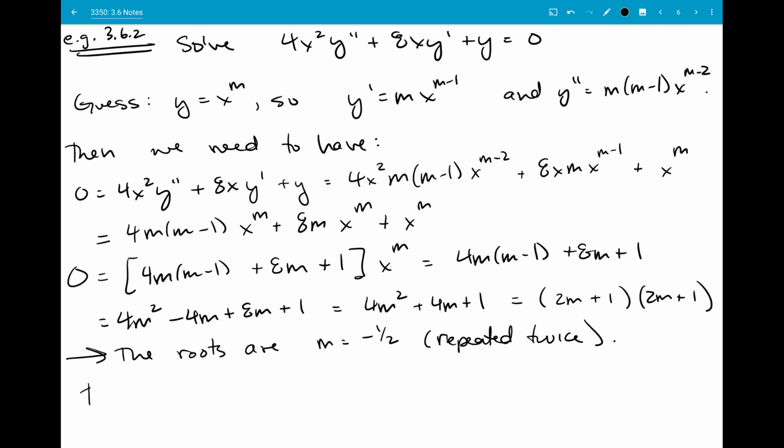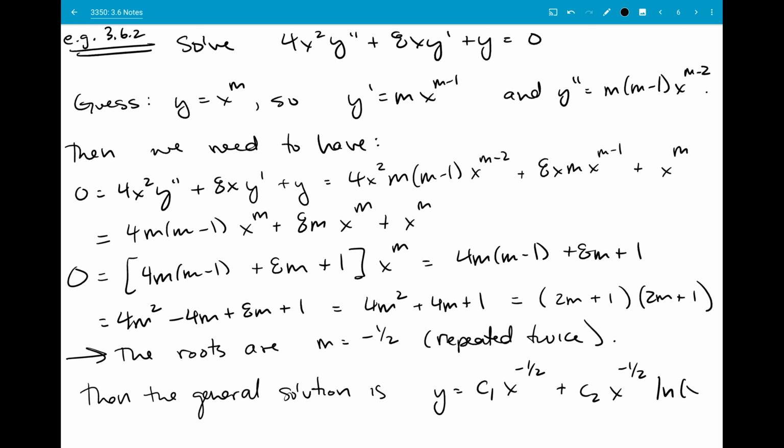So that's going to look like y equal to c1 x to the minus a half is the first one, just from looking at m equals minus a half. And then I have c2 x to the minus a half times natural log of x. And that's the general solution to this problem.